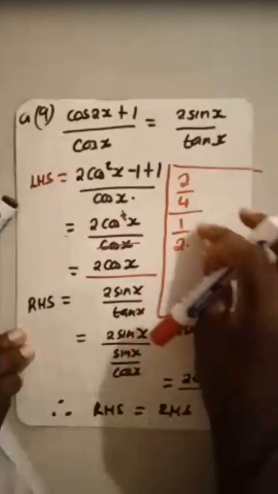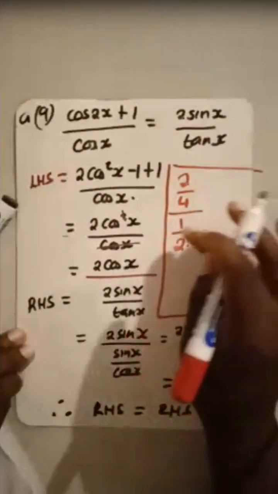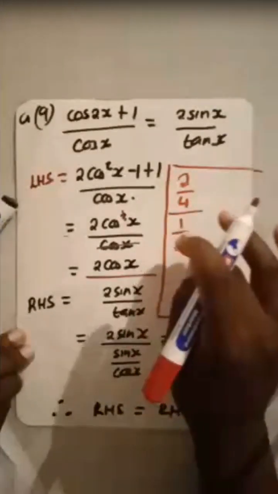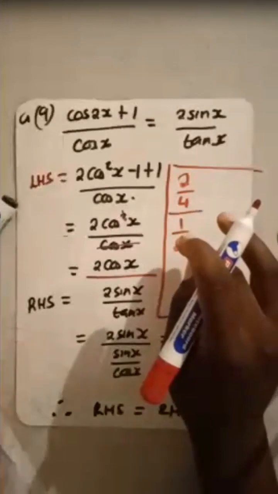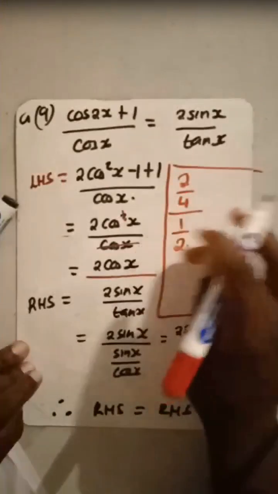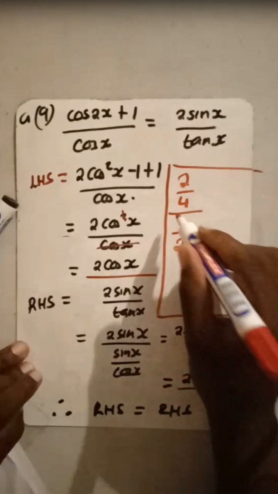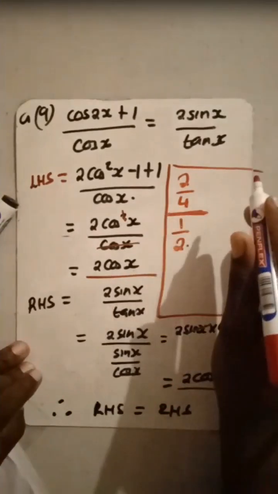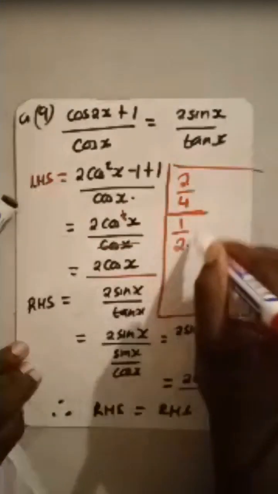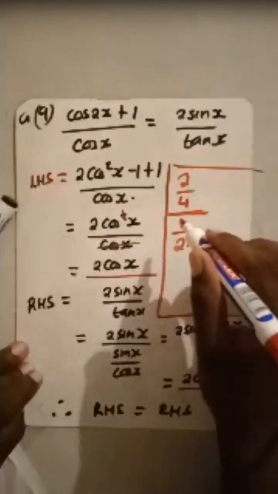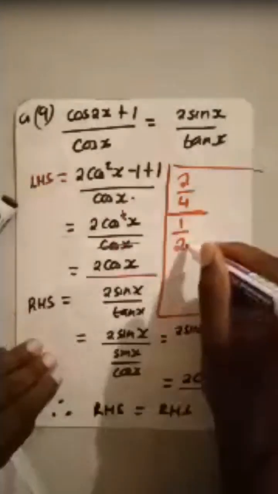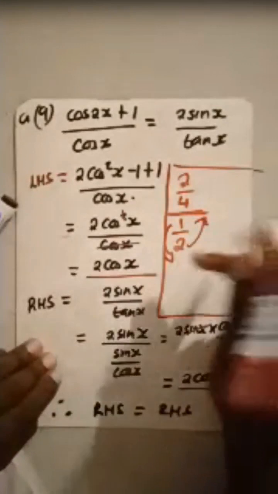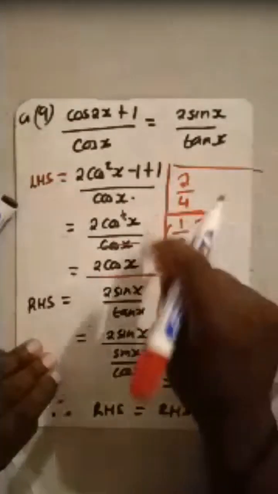So when you are dividing with a fraction, guys, if you remember your grade 8 and 9 very well, it says if you are dividing with fractions, you have to change the division to multiplication. You invert the divisor. So inverting the divisor is actually doing this. The denominator goes to the numerator, the numerator goes to the denominator.